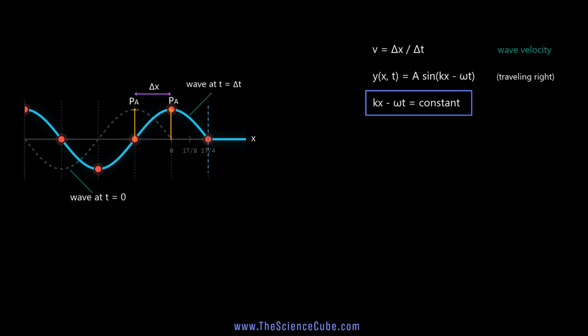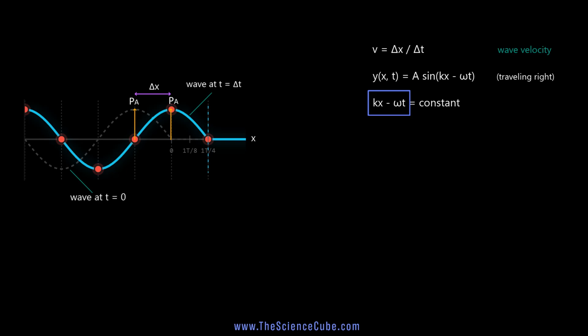So what is happening is, if you watch this expression closely, as time t is increasing, the position x is also increasing just to keep this argument constant. Well, this also mathematically confirms that the wave pattern is indeed moving in the positive direction of x.